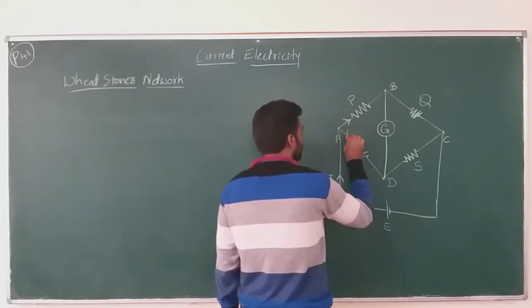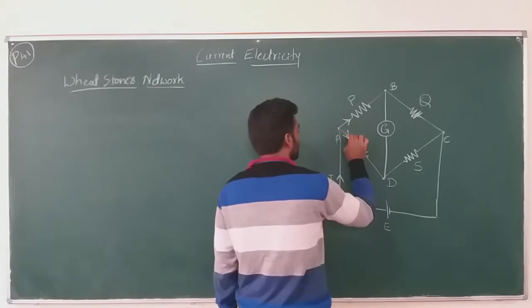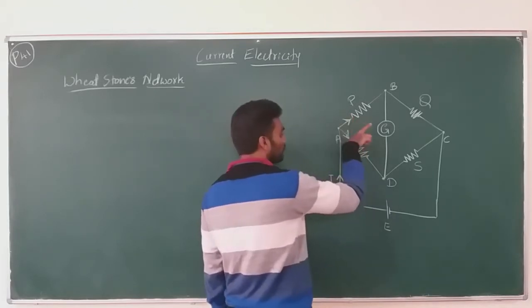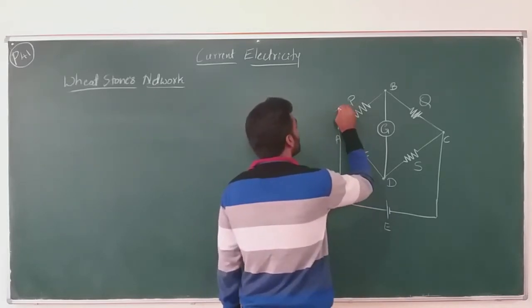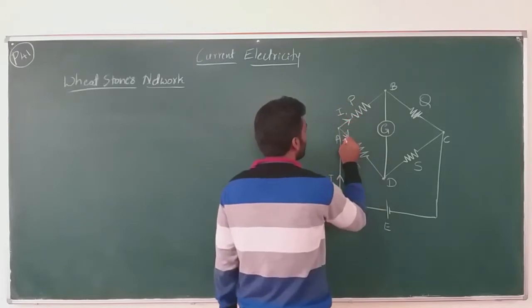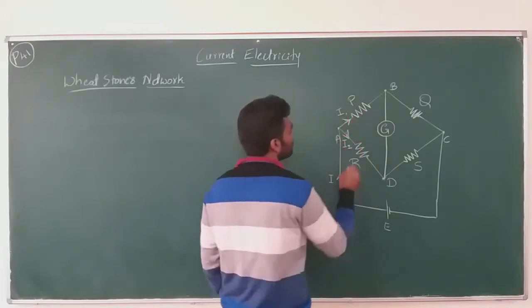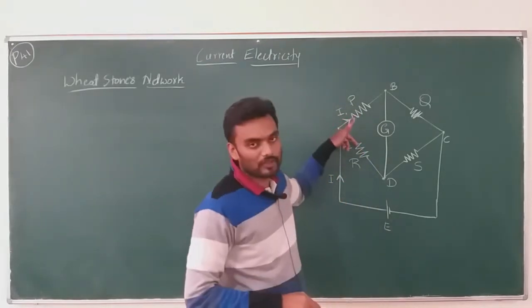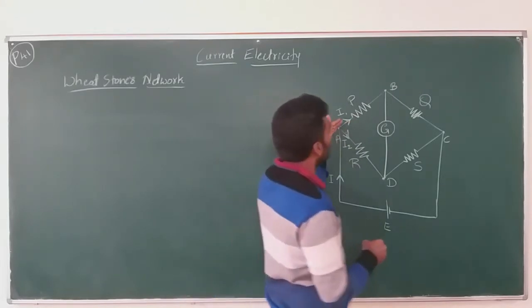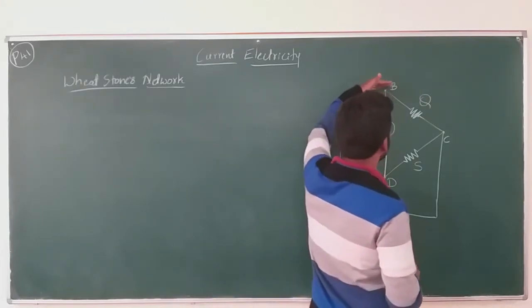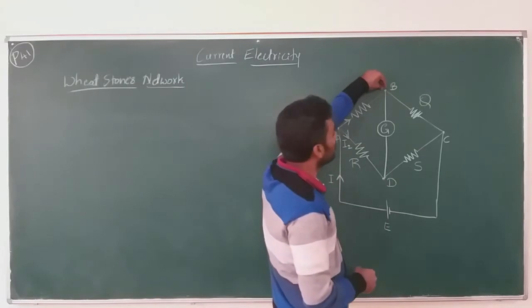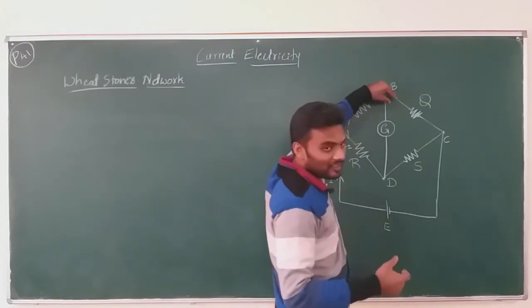Okay, because you have 2 wires connected at this point, so the current splits. When the current splits, it goes as I1 and I2. Then it reaches this point, the point B, and from the point B, the current again splits.